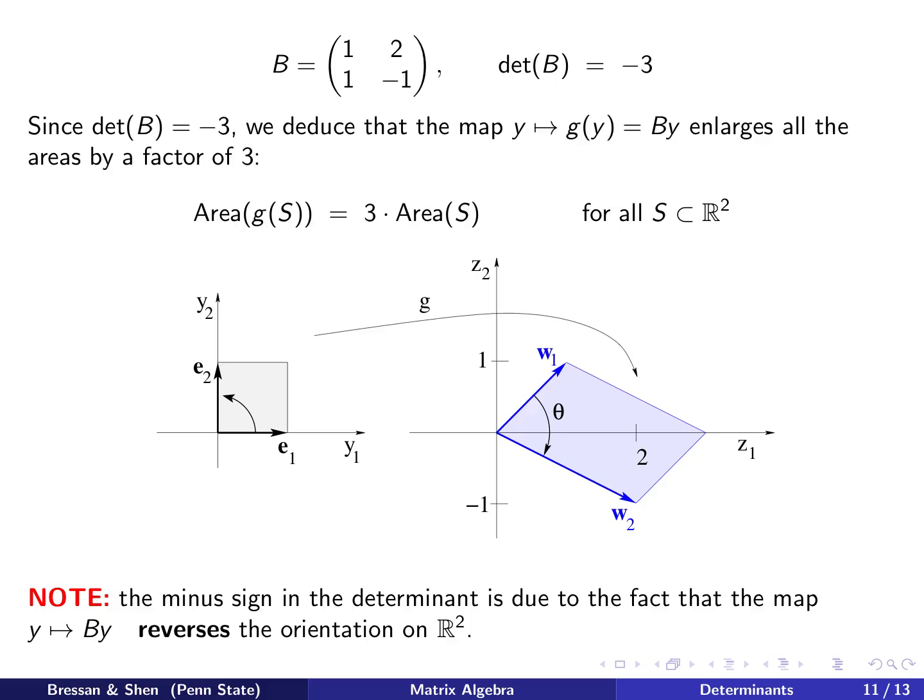So that means the area from this coordinate y1, y2 after the linear transformation will be enlarged by a factor of 3. Okay, so one comment here would be the minus sign in the determinant is due to the fact that the orientation is reversed. So this one is counterclockwise, and then afterwards it becomes clockwise.